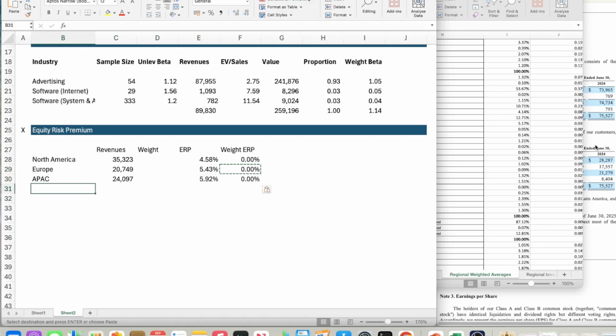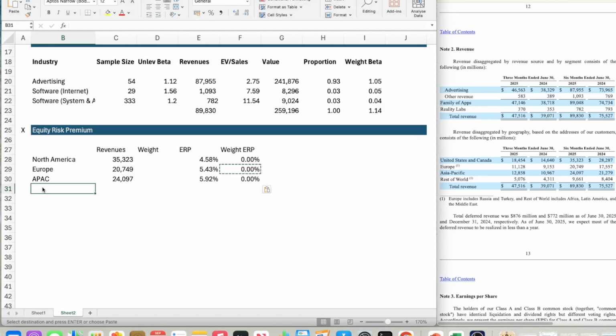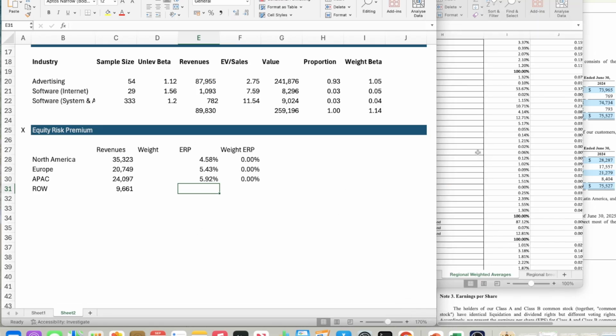Maybe, I'm sure there's a way to be a bit more pinpointing on ROW. It is 9,661. And what do we think this one is going to be?